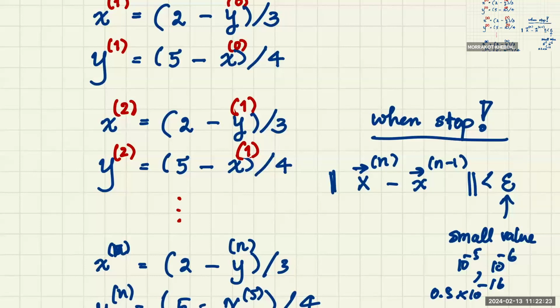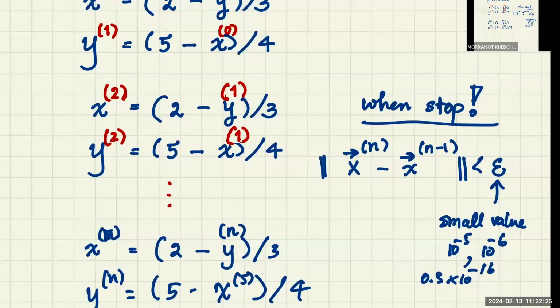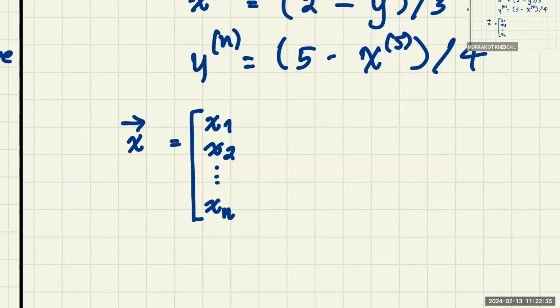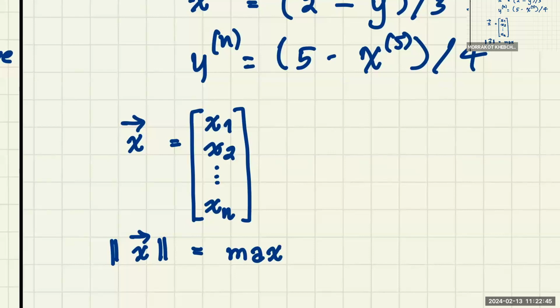And here I use this notation, okay? If I have vector x composed of x1, x2, xn, then this notation is going to be the maximum over i between 1 to n of the absolute value of xi. Okay? You take the maximum, only the largest one.